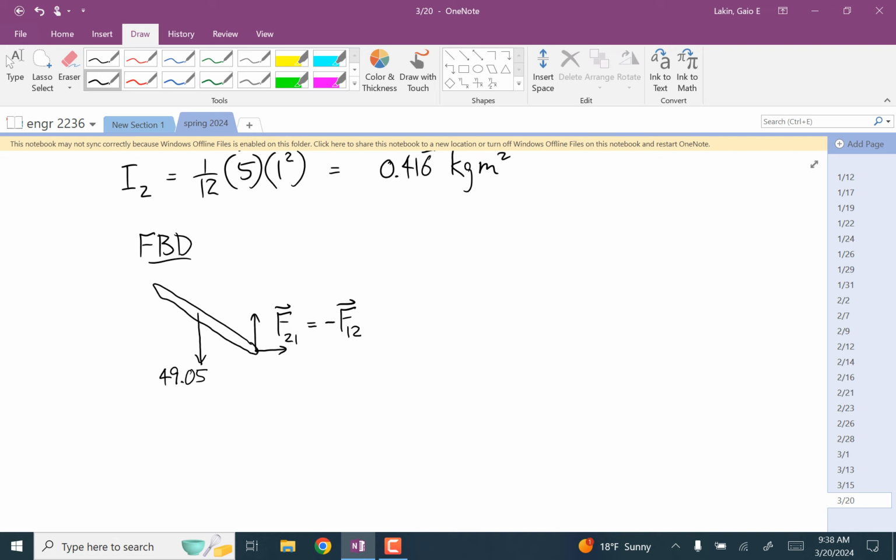We don't need it. We already applied that to member 1, so it doesn't go here. Okay, so Newton's third law says F21 has to be equal and opposite to F12. So that's the substitution we're making.